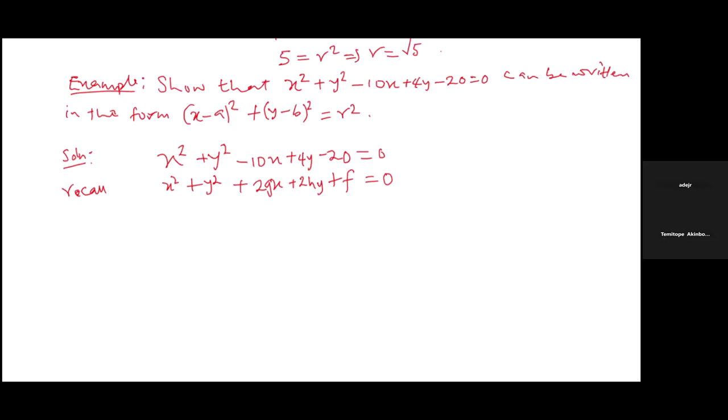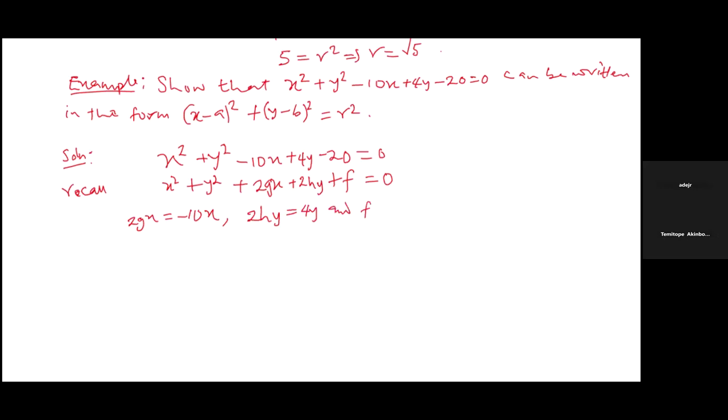So I will now compare: 2gx equals minus 10x, then 2hy equals 4y, and f equals minus 20.